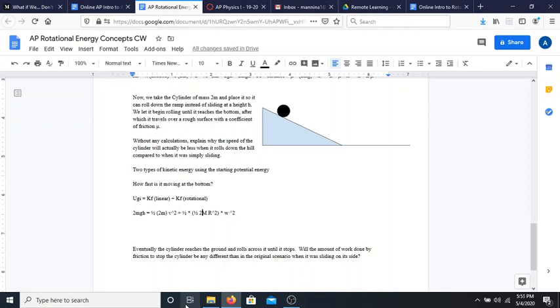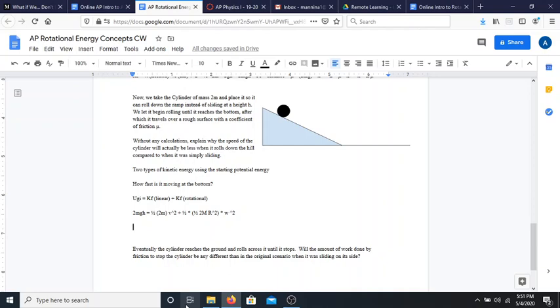Now, if we simplify this, we're left with a little bit of an issue, and that issue is that we will now have two different variables. We're looking for how fast it's going. We're looking for linear velocity. So we need to really get rid of that rotational velocity.